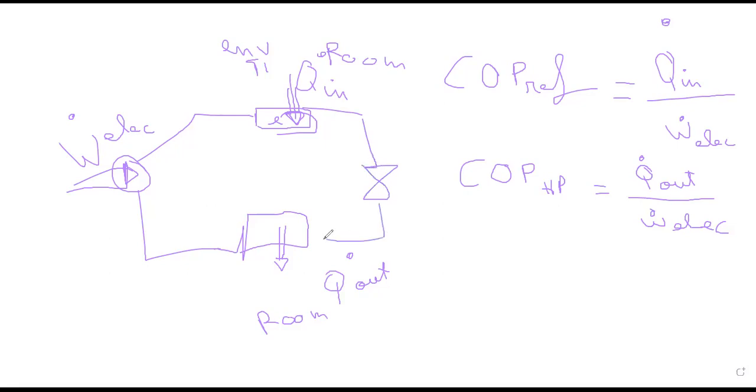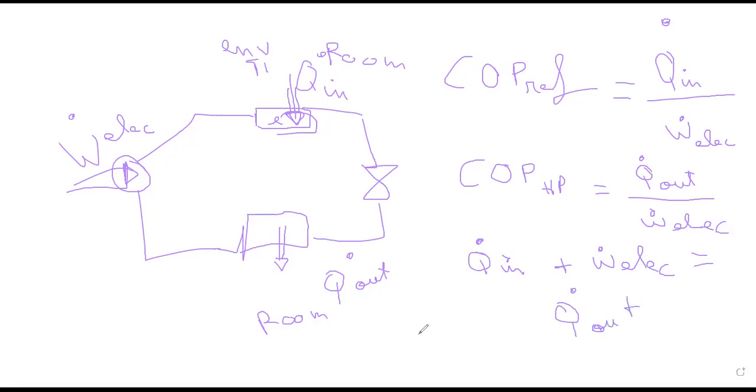So if I take my whole cycle, I can write that Q dot in plus W dot electric equals Q dot out. So always Q dot out is larger than Q dot in.